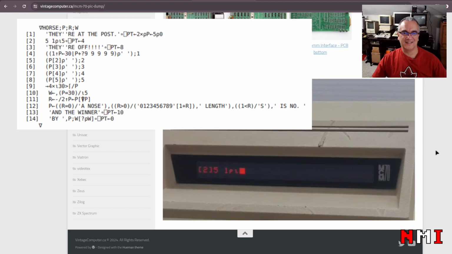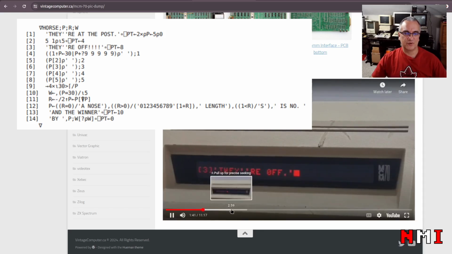Yeah, there we go. Symbols. It's interesting that the language is so high level, so powerful, that with very few symbols you can do a lot of stuff.